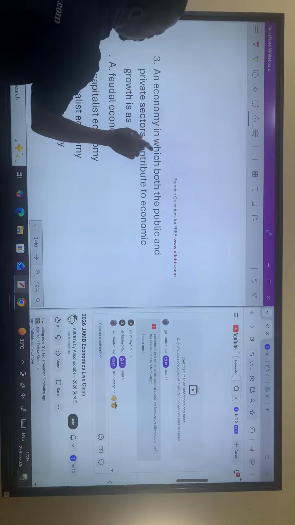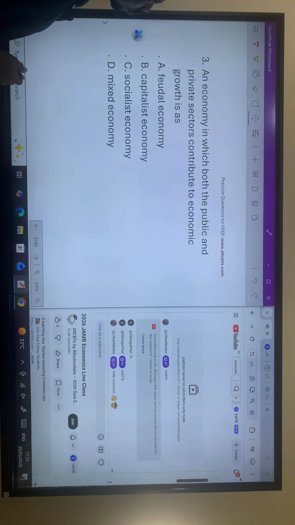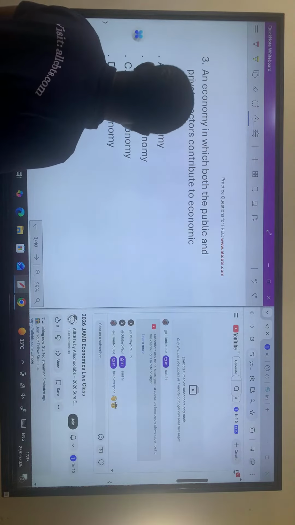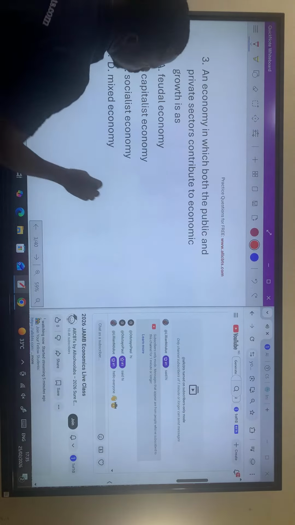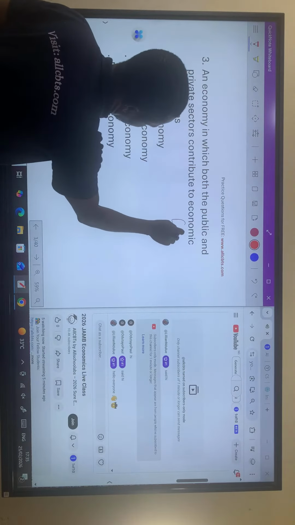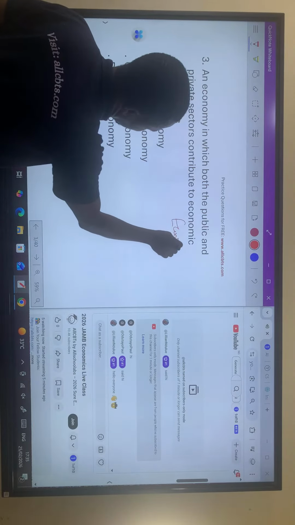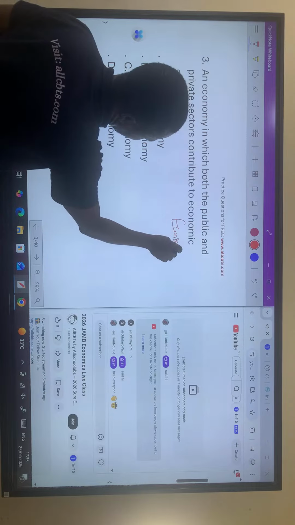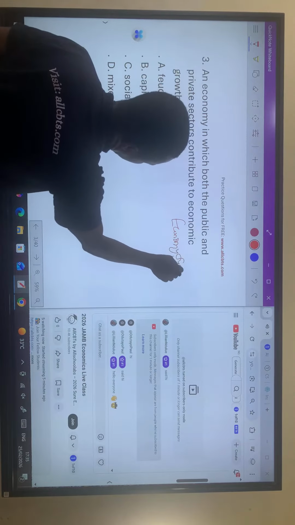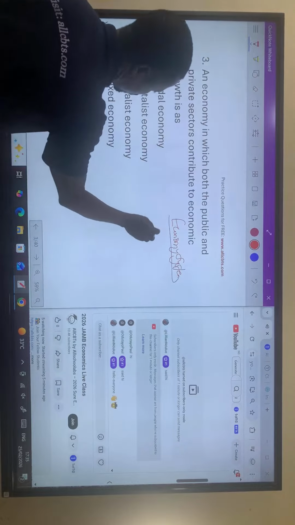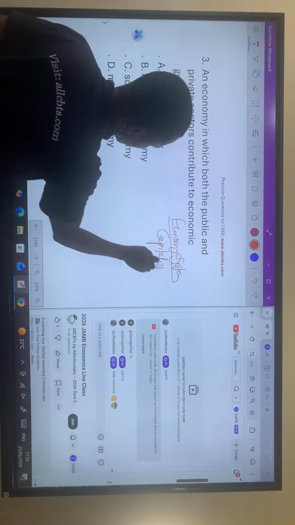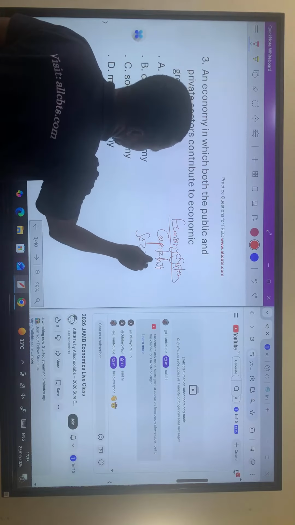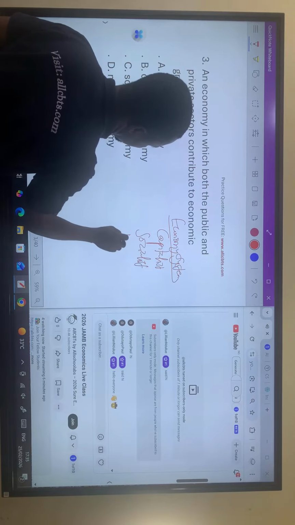Now, the next one. An economy in which both the public and private sectors contribute to the economic growth is known as. Now, in one of our lectures on this subject, we did economic systems. That's one of the fundamental topics in economics. We were told that we have capitalists, we have socialists, and of course, we have mixed economy.